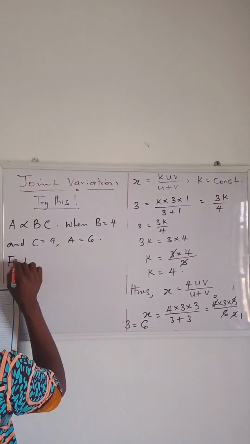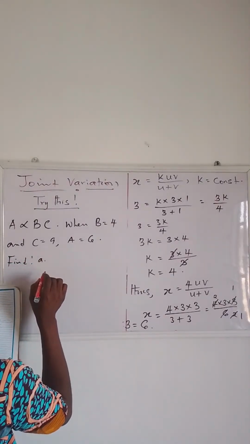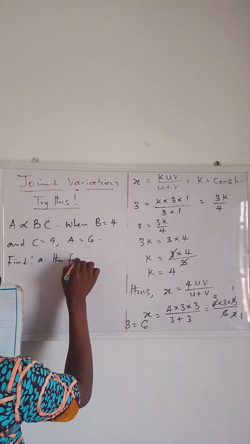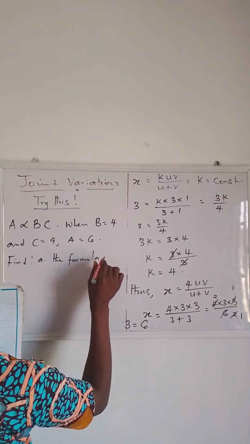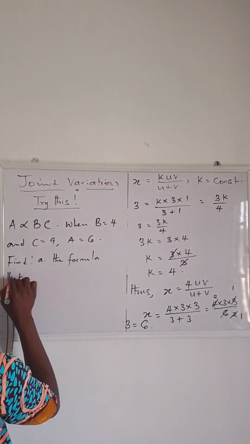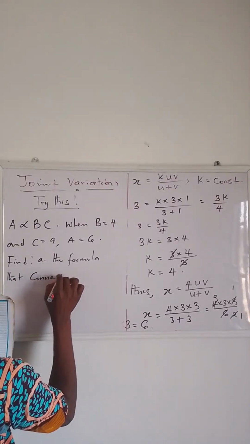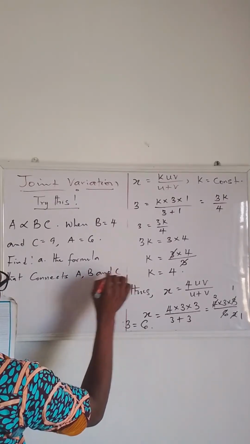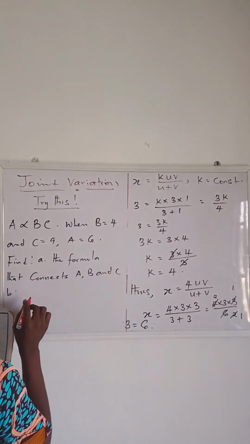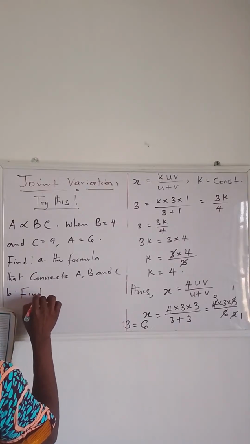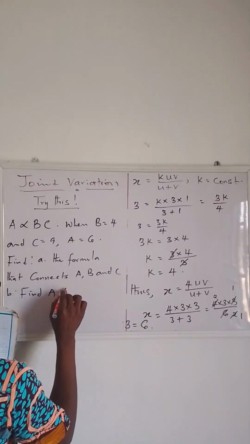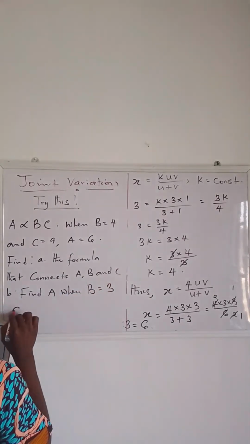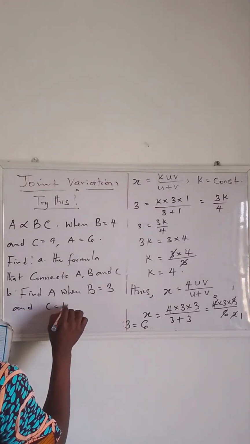Find the formula that connects A, B, and C. And the second part, find A when B equals 3 and C is 10.